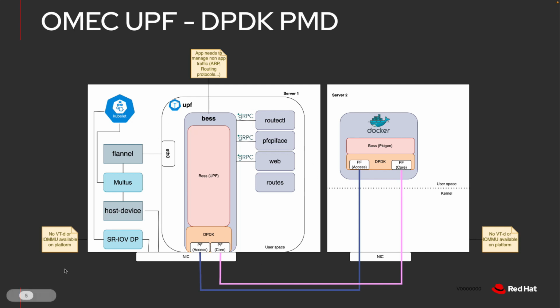Now, it's important to note that there were a couple of limitations on the server that I was using. No VT-d was enabled, and I had no IOMMU supported on the platform. So I couldn't use VFs for DPDK. I essentially had to use the PF, and that's why I couldn't use the SR-IOV CNI and had to use the host device CNI to get things up and running.